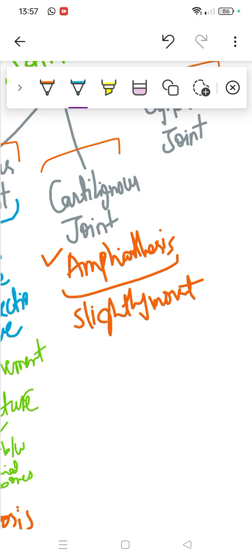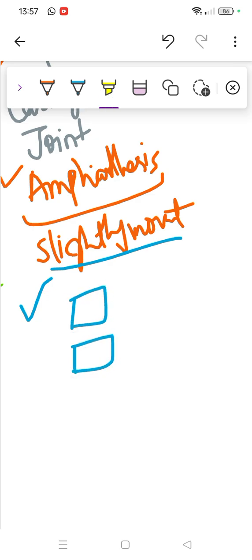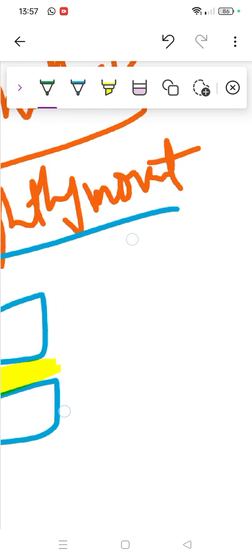Then we see the cartilaginous joint, which has slight movement. If I make the structure, these are the two bones, and in the middle we have a structure called white fibrocartilage.